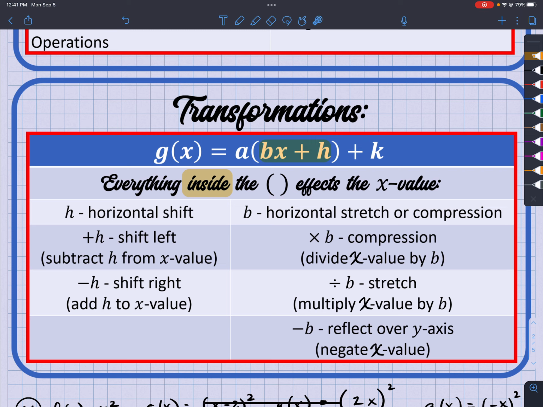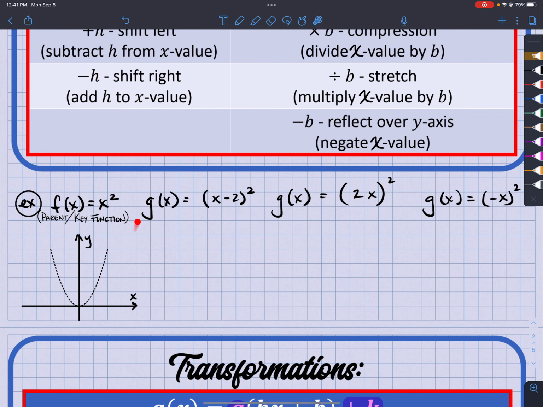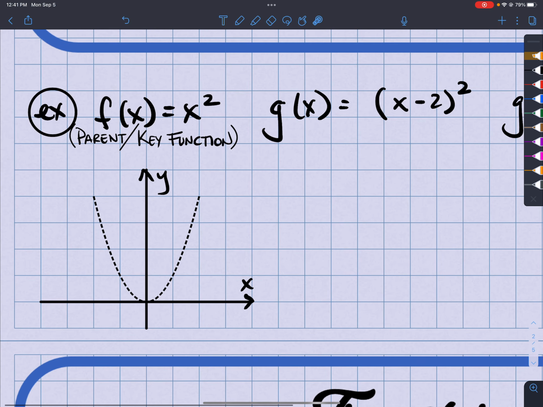Okay, so let's take a look at an example here. I give you a parent function, which says f of x is equal to x squared. So it looks something like this. We can always get these points for the parent function, right? It says y is equal to x squared.